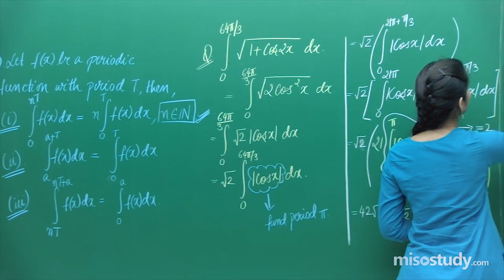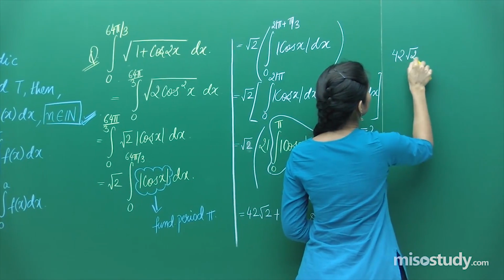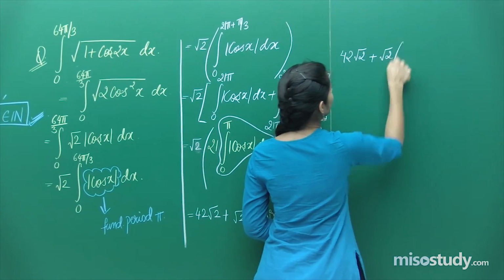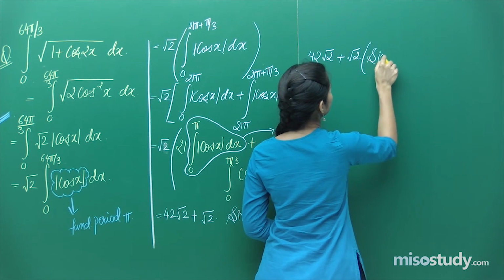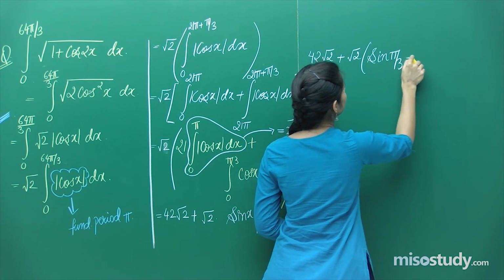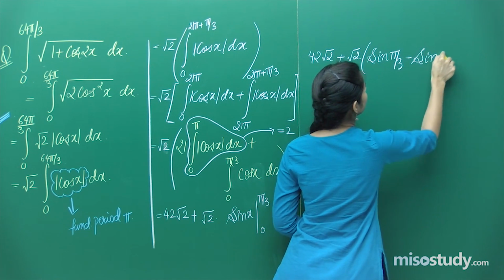You get 42√2 plus √2 multiplied by (sin π/3 minus sin 0).